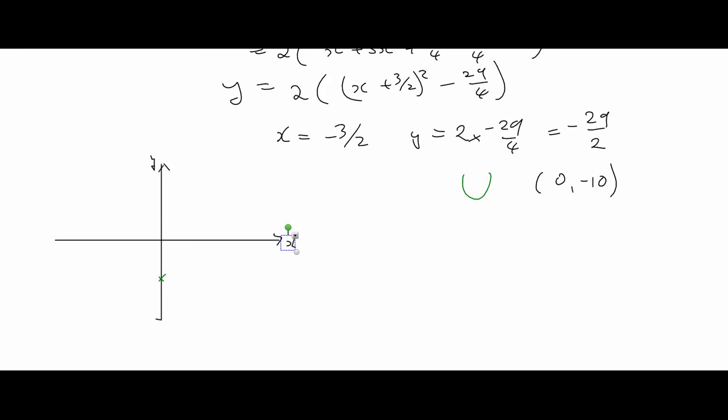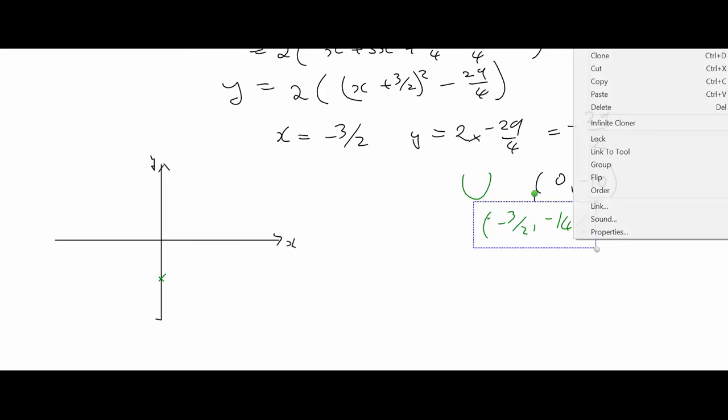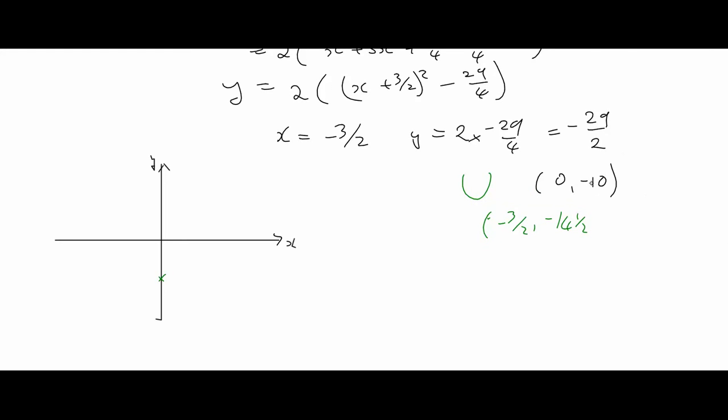And we also know it has, because it's a U shape, a minimum point at (minus 3 over 2, minus 29 over 2), well that's 14 and a half. So that would be down here, like that. And so the curve will look something like that. In my case, that's probably okay.